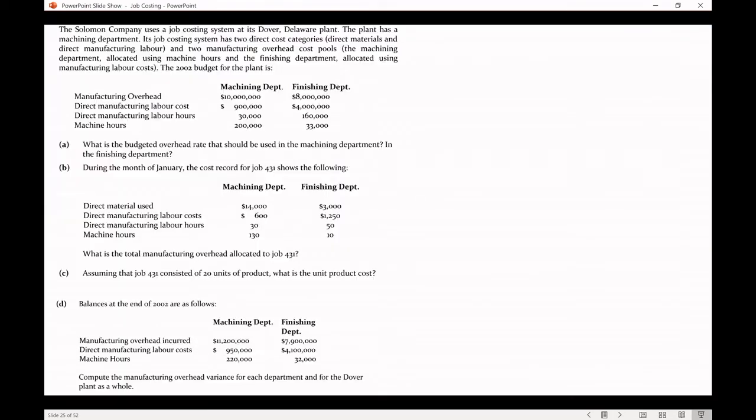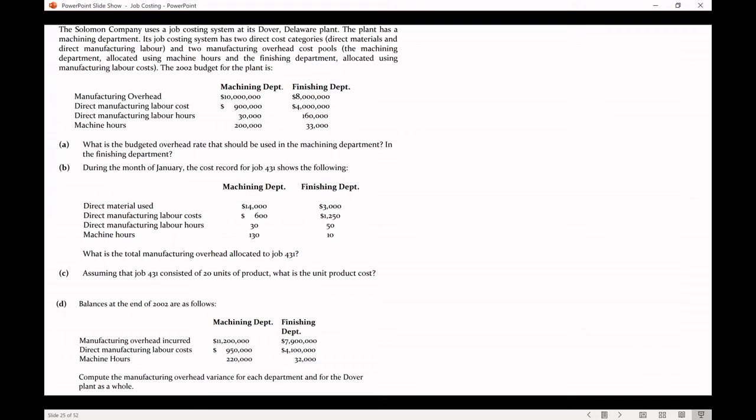So how do we find variance? Our variance is the difference between what actually happened, or actual costs, and what we budgeted. Remember we said in previous videos in cost accounting that most times there will be a discrepancy in your budget.